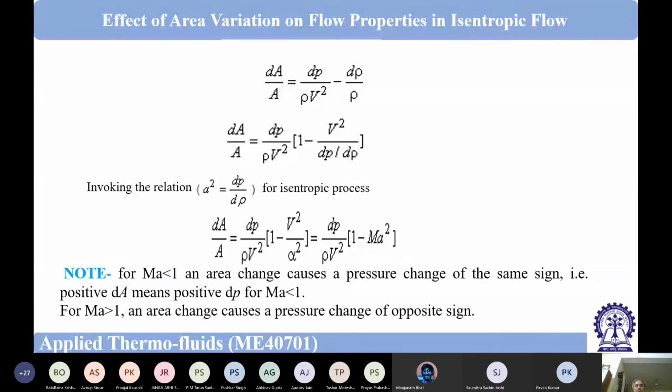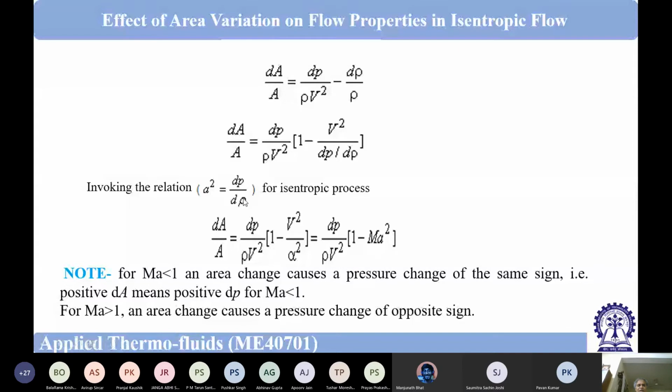We will take these two expressions and then by some sort of manipulation we get dA by A is equal to dP by rho v square within bracket 1 minus v square by a square. a is the local sonic velocity. a square is equal to dP by d rho.